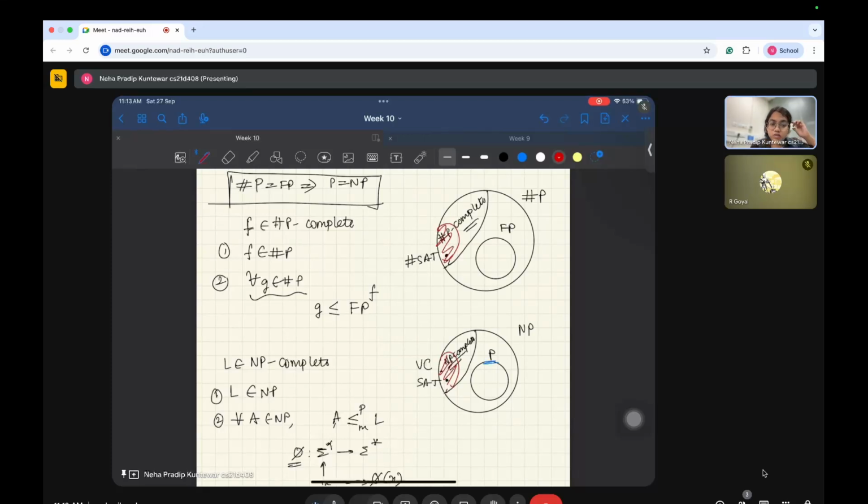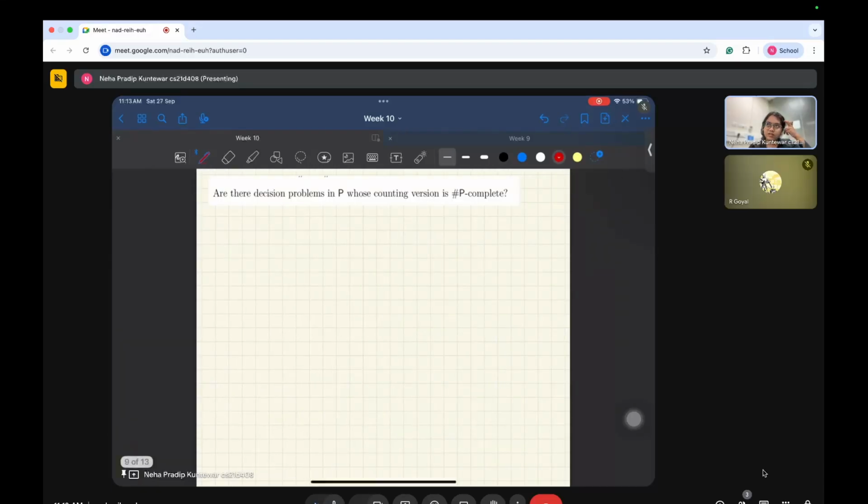But could it be that there is a problem that is in P, something that we know is easy, and its counting counterpart is #P-complete?